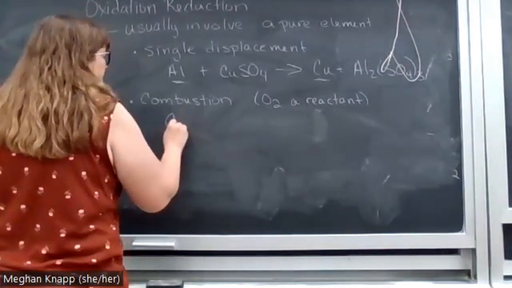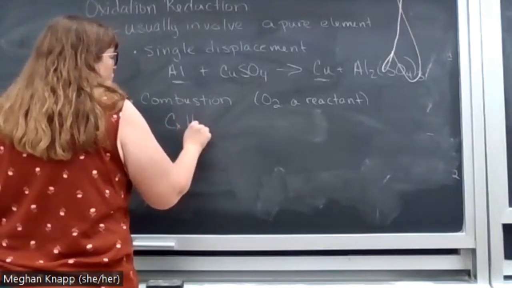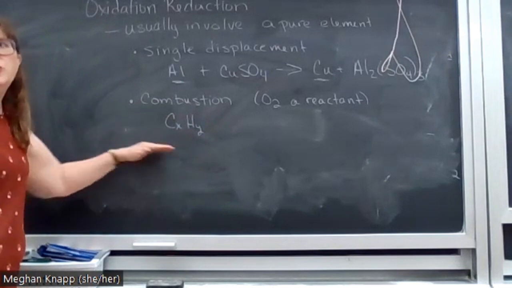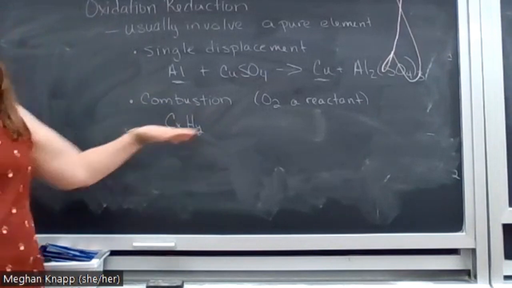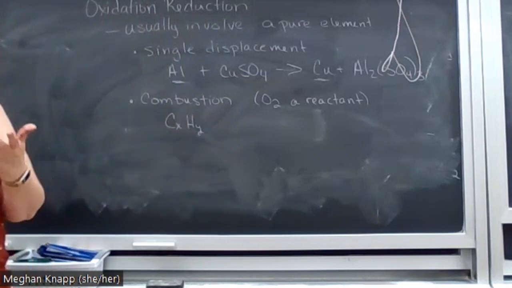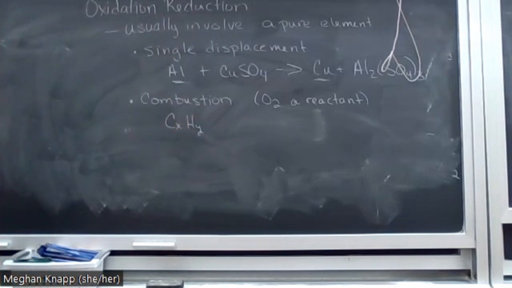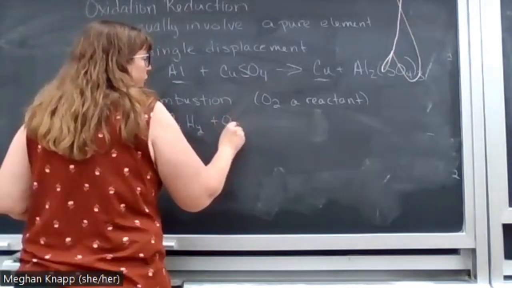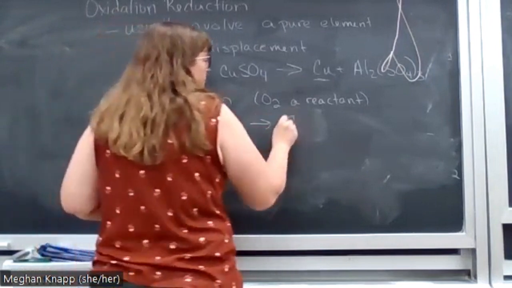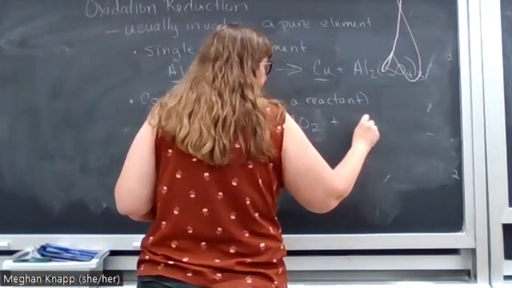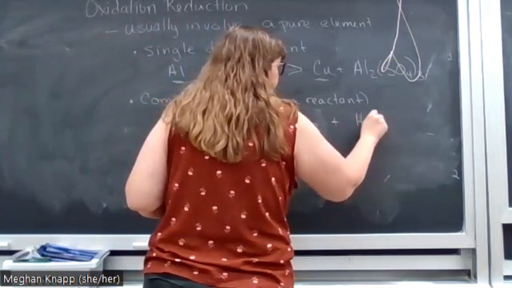So it might be CxHy. So this might be CH4. It might be C2H6. It might be C8H18, but there's a bunch of carbons and hydrogens. Okay, we talked about combustion analysis. So combustion reactions would be involved in combustion analysis. You add oxygen and your products are CO2 and H2O.